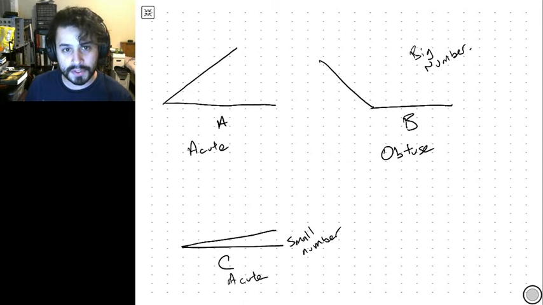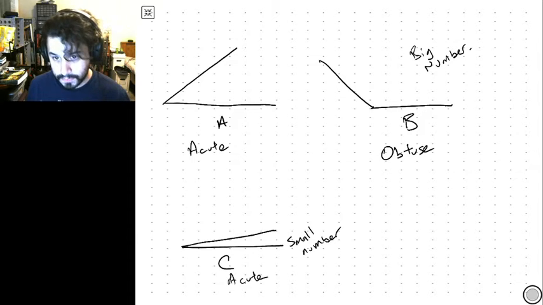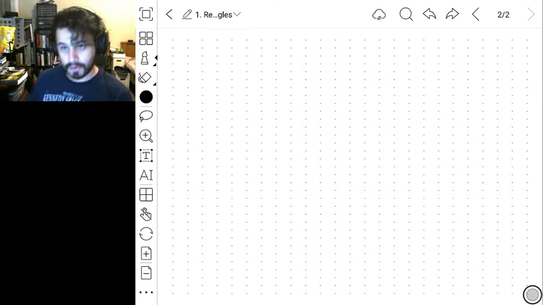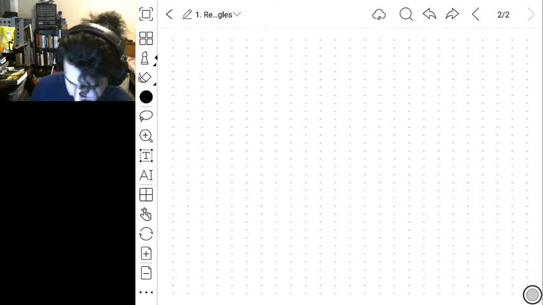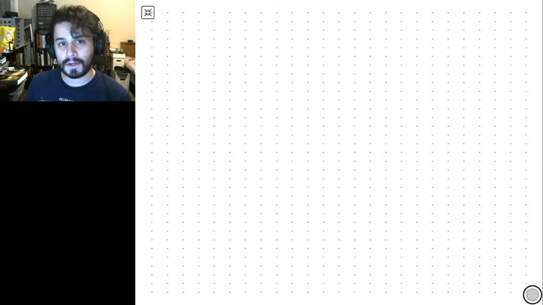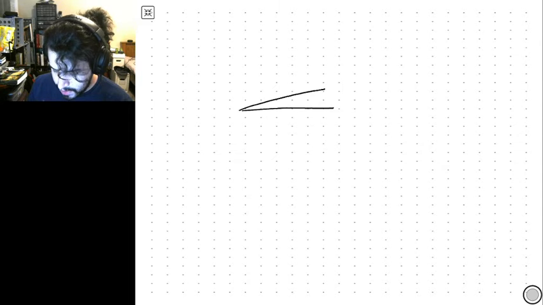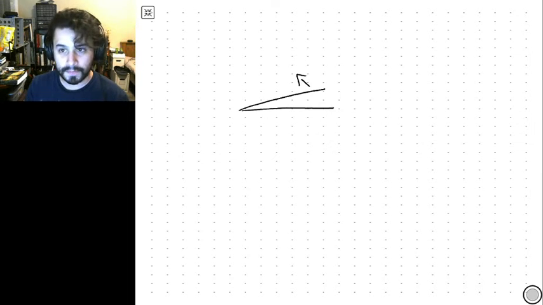So the way that we've decided to number these angles is, here, let me see if I can open up a new page. Okay. The way that we've decided to number these angles is based on, let's start with an angle that's here, right? And let's imagine this angle gets bigger and bigger.